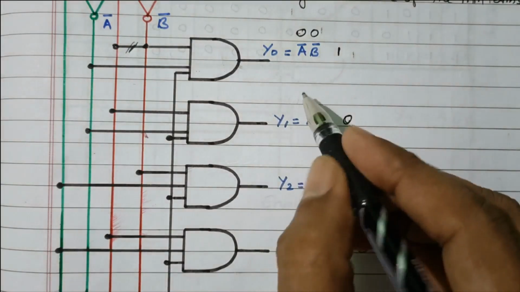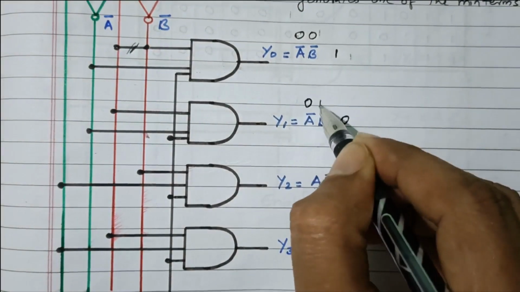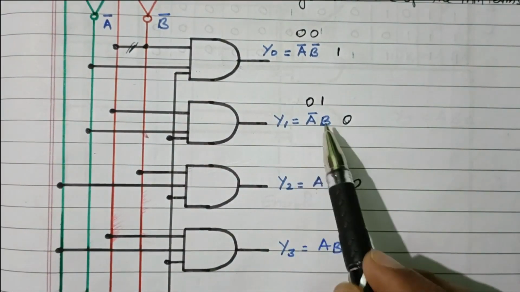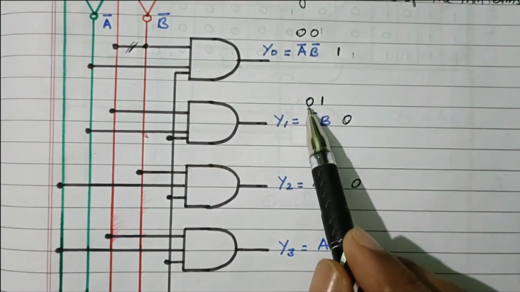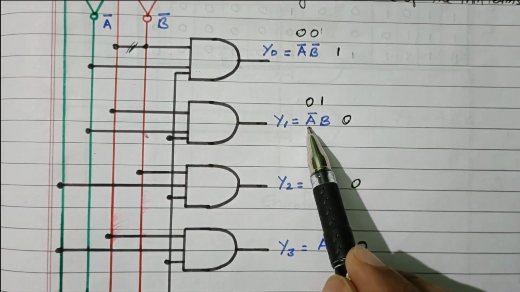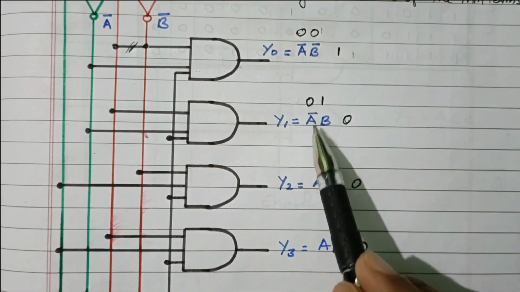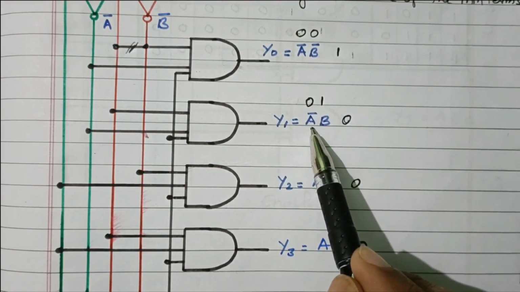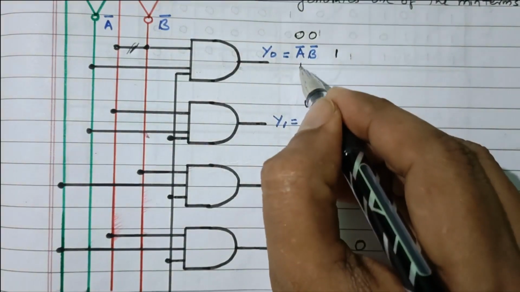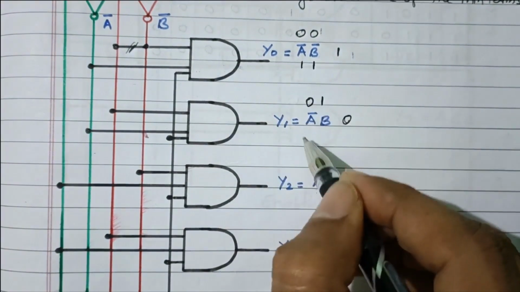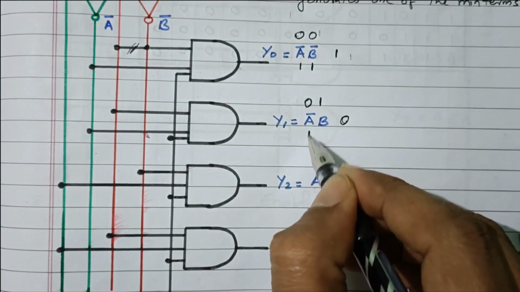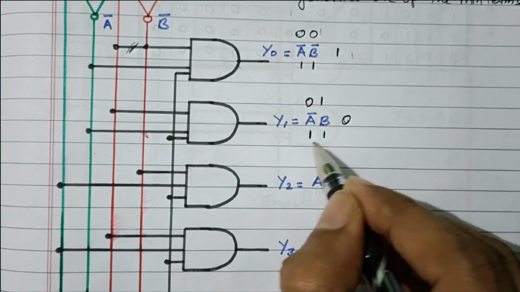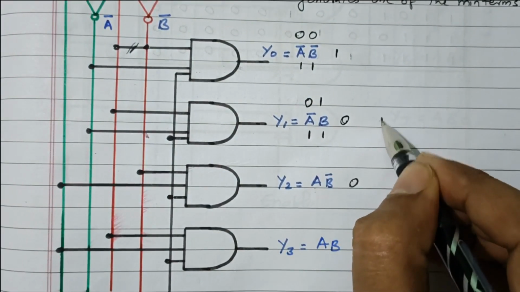Right. The next possibility is 0 1. That is applicable for Y1. So B equal to 1, but A is 0, but we connected A bar. So what happened? A is 0, so A bar becomes 1. So here both will become 1. Similarly here A is 0, but A bar is 1, B is already 1. So what do we get? We get 1 as the output.